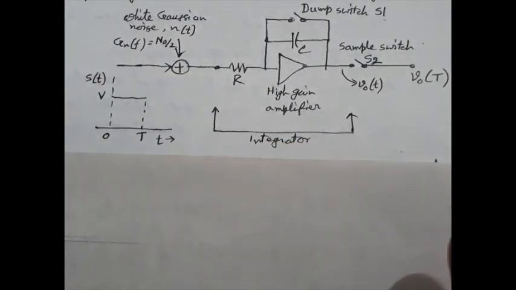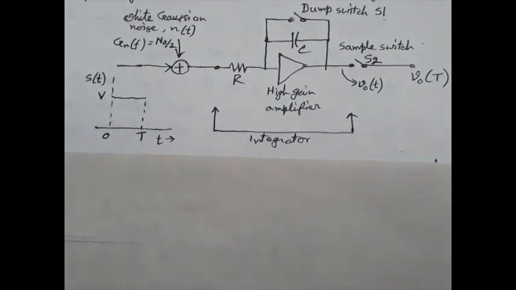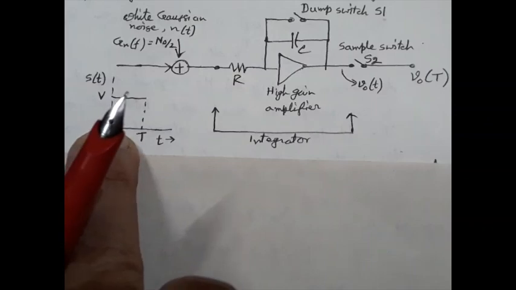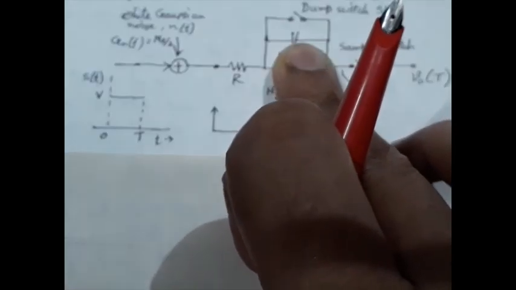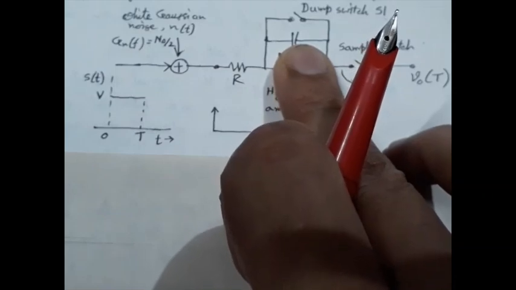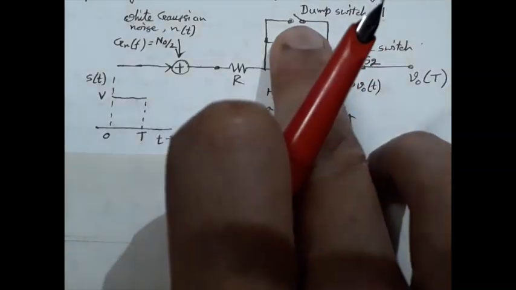Now the signal S(t) with added white Gaussian noise n(t) of PSD N0 by 2 is presented to the integrator at time 0 plus, just after giving the signal here. We require that the capacitor C be completely uncharged, and such a discharged condition may be ensured by a brief closing of switch S1, the dump switch.